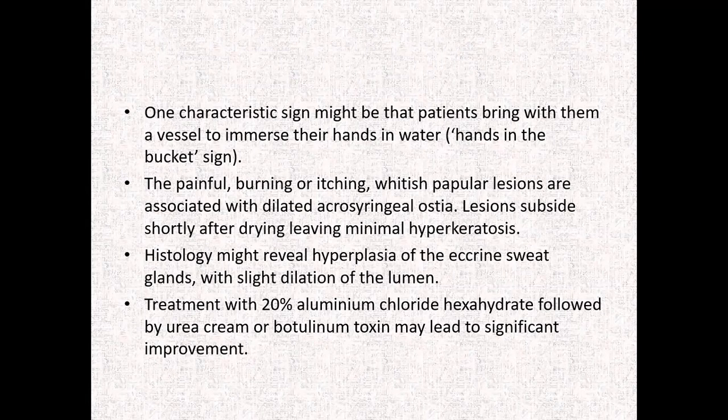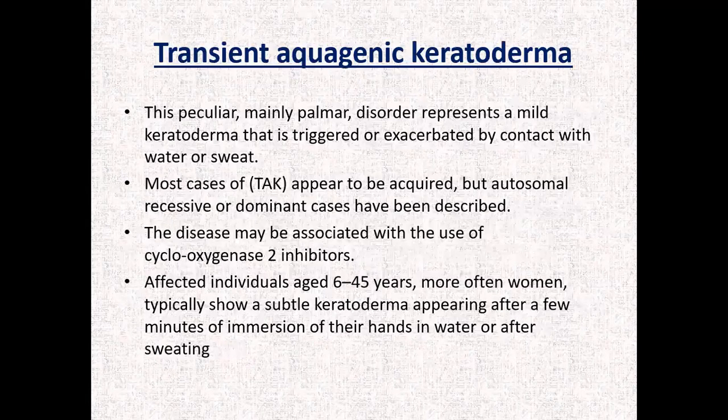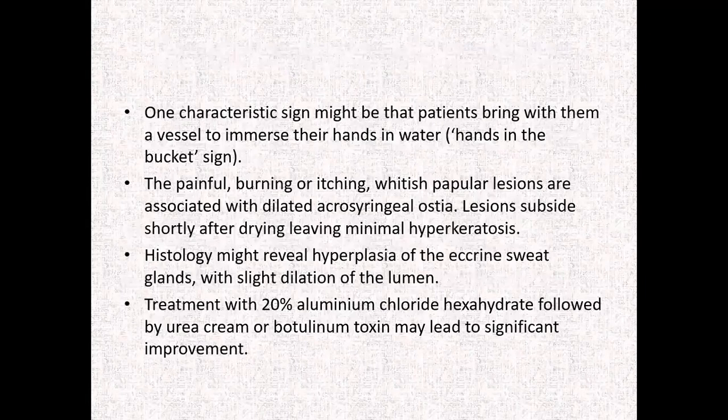One characteristic sign of this aquagenic keratoderma is called the hand in bucket sign, where the patient brings the vessel to demonstrate this keratoderma to the doctors. The painful burning or itching whitish papular lesions are associated with dilated acrosyringeal ostia.